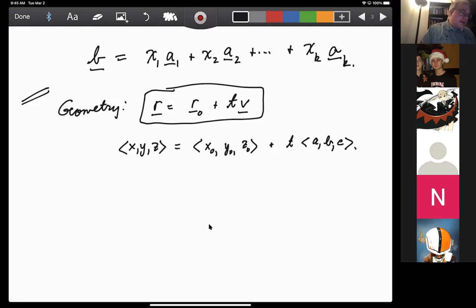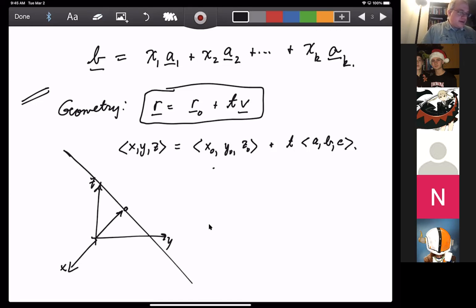We can think of a line as the set of vectors of a certain type, and notice what you have here. You've got one base vector that gets you onto your line. And then you're taking arbitrary multiples of this direction vector v that move you along your line.